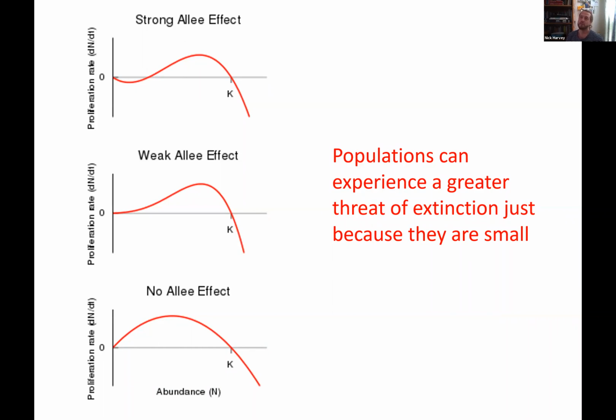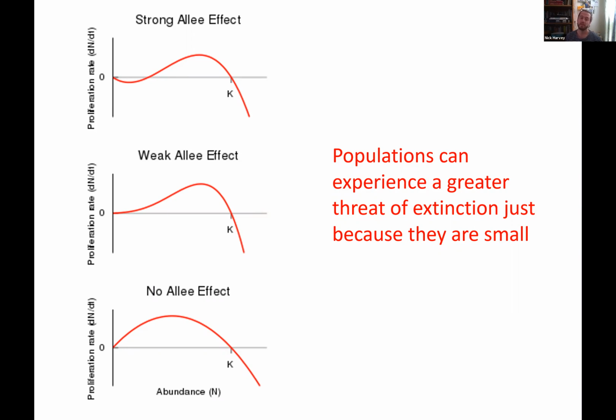So say individuals only come together to mate. If we lose lots of individuals, and the individuals we do have are very spread out, very far apart, then if they exist at an even lower density, they can really struggle to find mates. There aren't enough individuals around for them to easily find a mate when it comes time to breed.